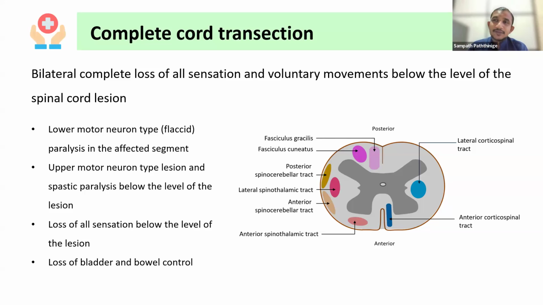And due to the loss of the autonomic fibers, they will have loss of bladder and bowel control as well, because the external urethral sphincter and the external anal sphincter are controlled by the spinal cord, as well as there is some autonomic control over the internal sphincter, so all that will be lost, right?